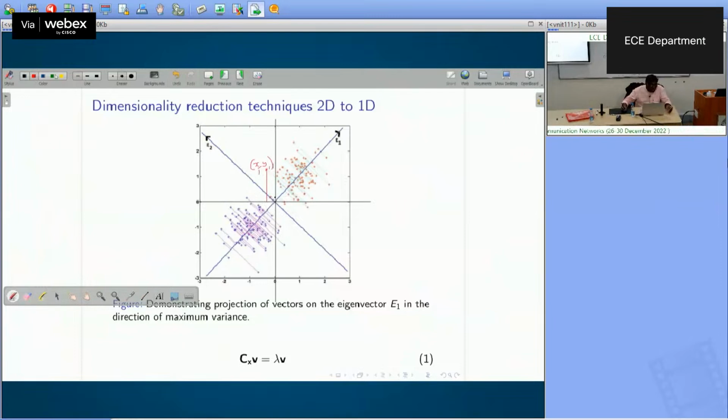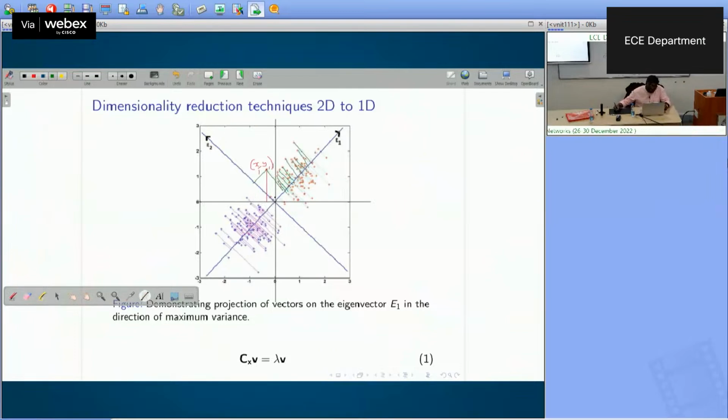Now what I am going to do here is project the same point on the eigenvector. I am going to project it like this, and like this. You got the point, right? I keep on projecting. So this is my projection on the eigenvector E1.